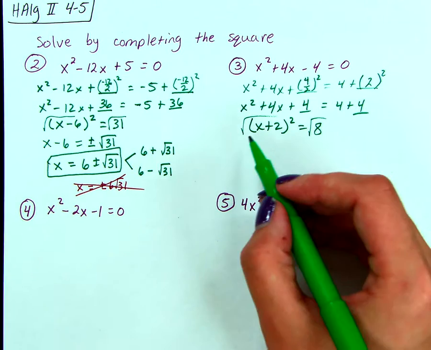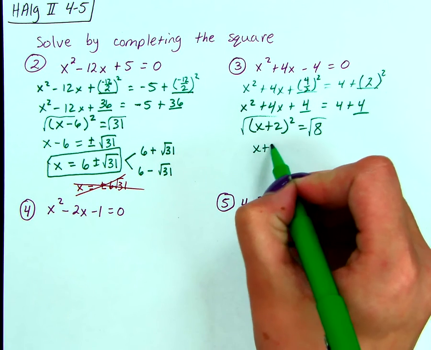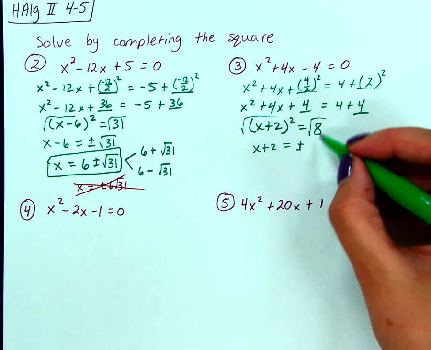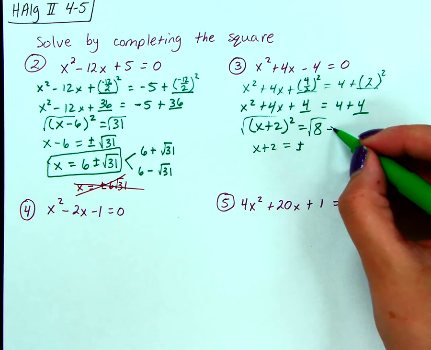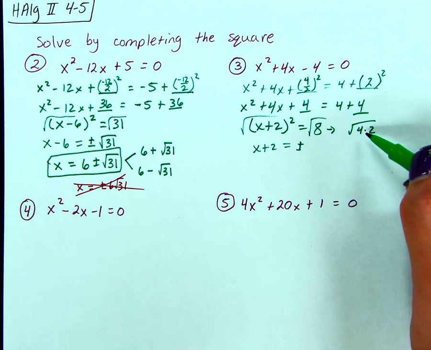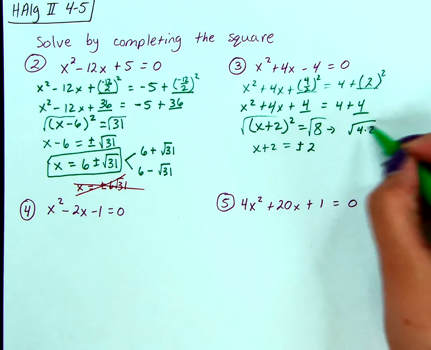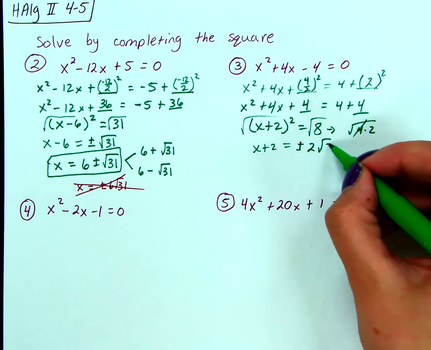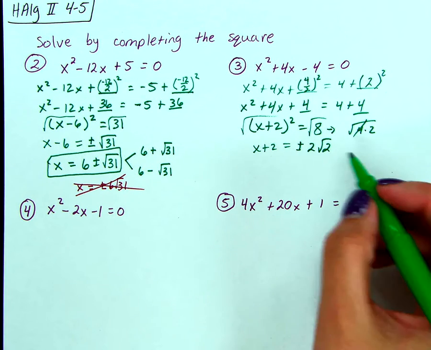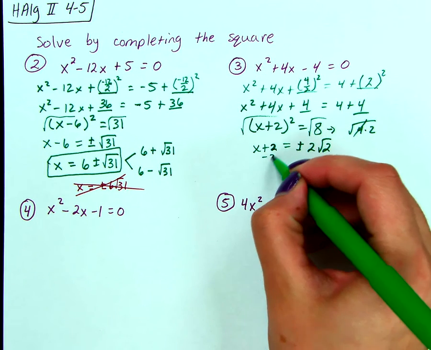All right, so again, that cancels, so we will have x plus 2 equals, and then plus and minus the square root of 8. So remember, we can think of that as 4 times 2. So the square root of 4 is 2, so 2 comes out of the radical, and then the other 2 stays inside the radical. And then now we just finished solving for x, so we're going to subtract the 2 from each side.